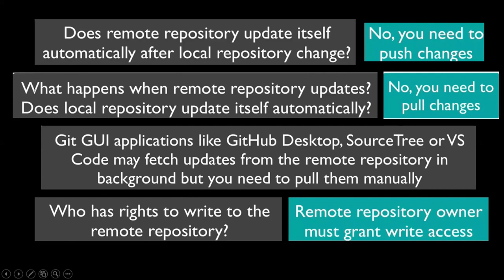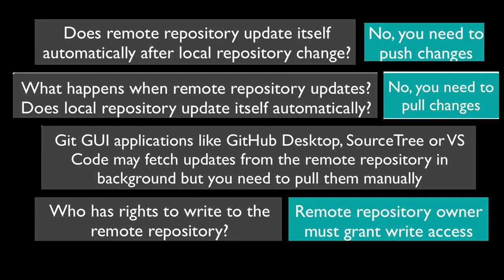Okay, so what happens when the remote repository updates? Like inside the remote repository, I have updated something, and I have to access this with the help of my local device. So you need to pull changes. From GitHub, I have to pull this. Git GUI applications like GitHub Desktop, SourceTree, VS Code may fetch updates from the remote repository in the background, but you need to pull them manually. Okay, who has the right to write in the remote repository?